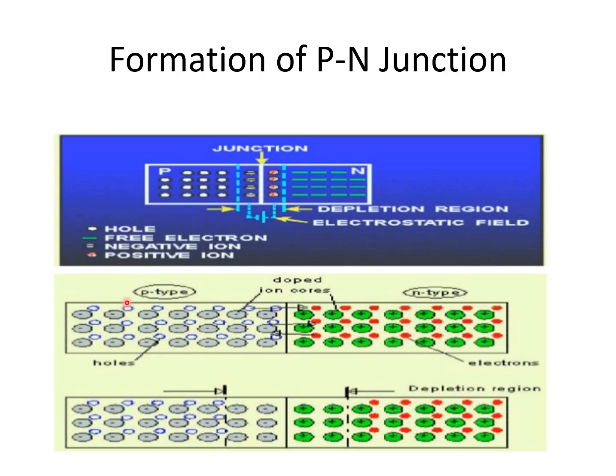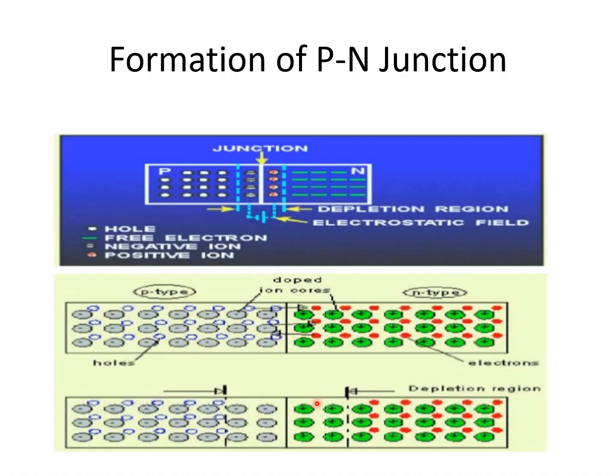See here, in the p type, the blue circles are holes. In the n type, the red circles are ions, doped ions. These electrons cross the junction and combine with the holes, forming immobile ions.